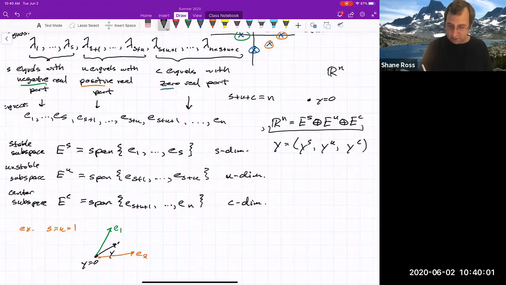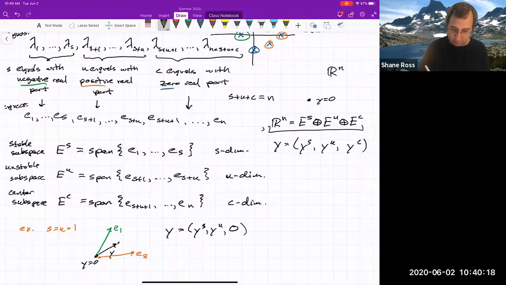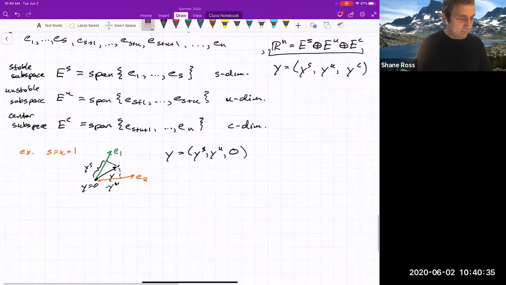So you could write y in terms of a component in the stable subspace and a component in the unstable subspace, and then there's nothing in the center subspace because there's no center subspace. So you take y, project it here, and this would be ys. Take this and project it, and you get yu or something.